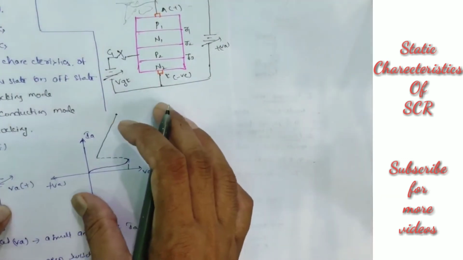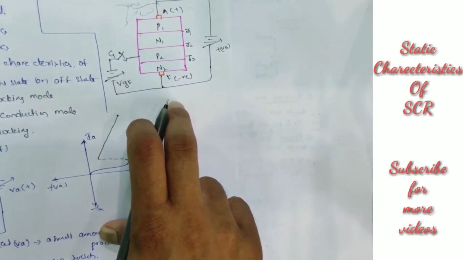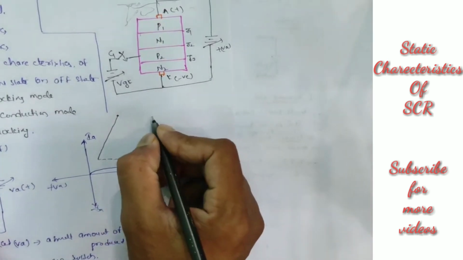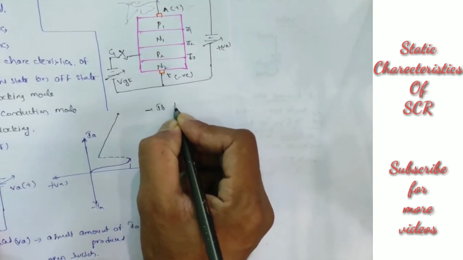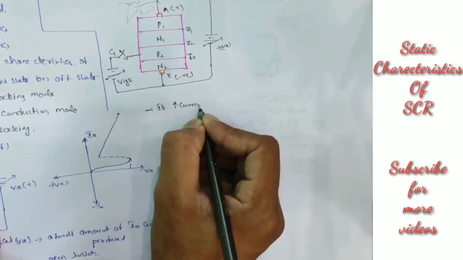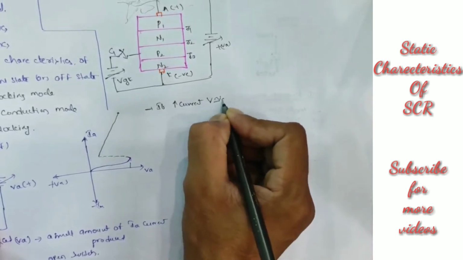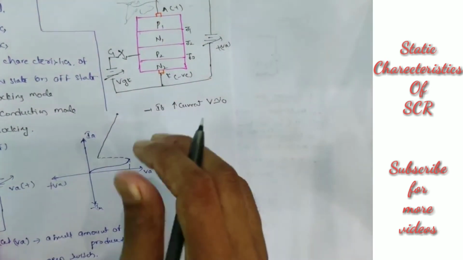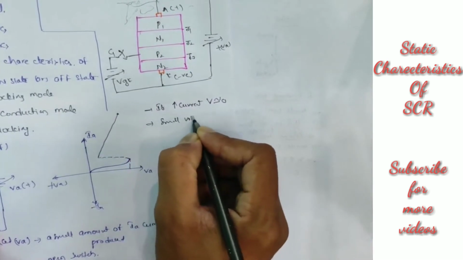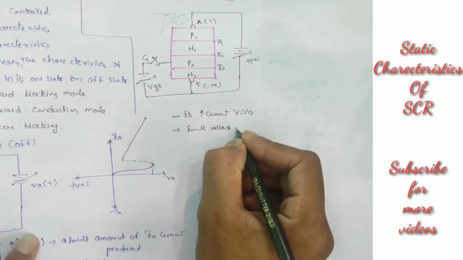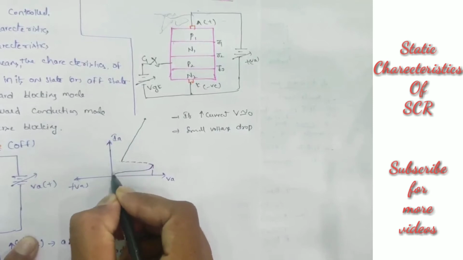If the gate current is increased, normally the voltage will be approximately equal to 0. But here we have a small voltage drop. This is the voltage drop.